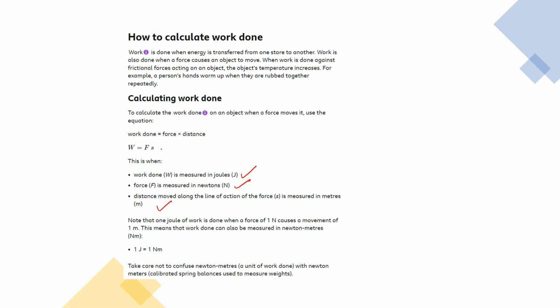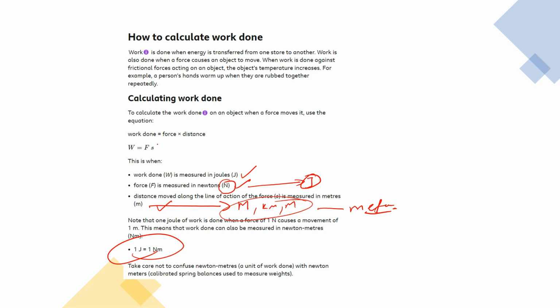In the question, they may give you the force in kilonewtons or anything. You have to make sure that you convert it into Newtons to get the right value of work done, which is joules. Similarly, in the question, they can give you miles, kilometers, or meters. You have to make sure that you convert this distance to meters, and that will give you joules, and 1 joule is equal to 1 Newton meter.